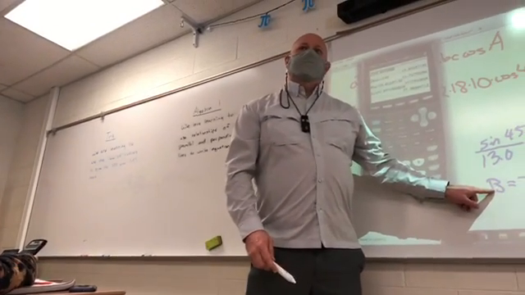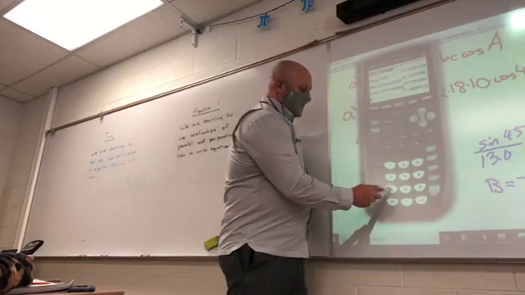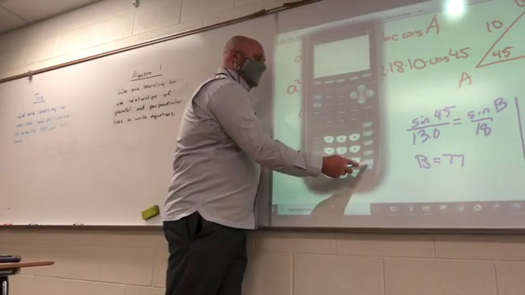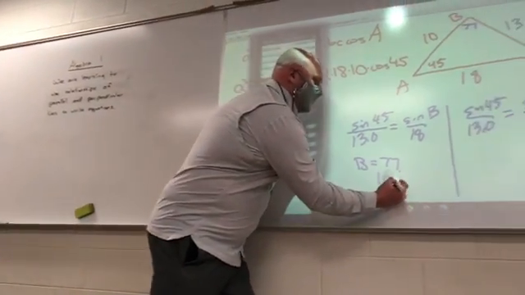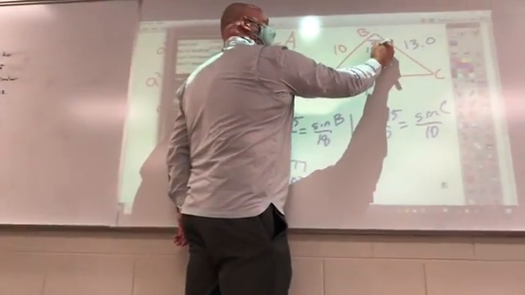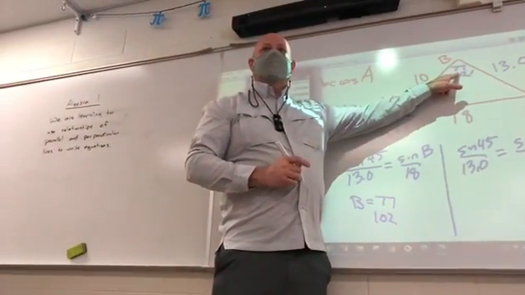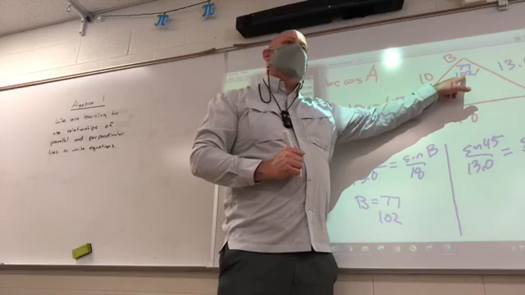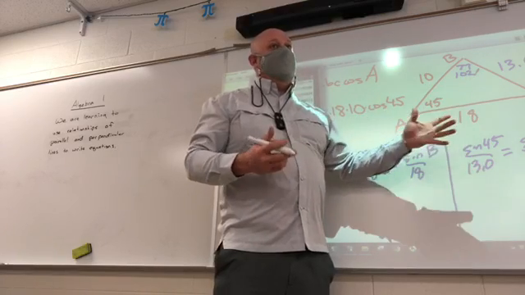But because I did an inverse, shouldn't I also do 180 minus? Another answer to this is 102. If I said this answer was 102, would you say that that seems like a reasonable answer to this? Yes. How could this be an obtuse angle? Well, isn't it opposite the biggest side? That makes sense.